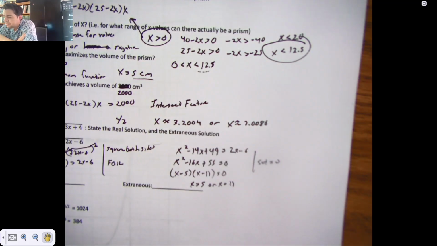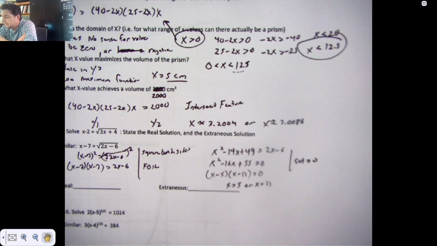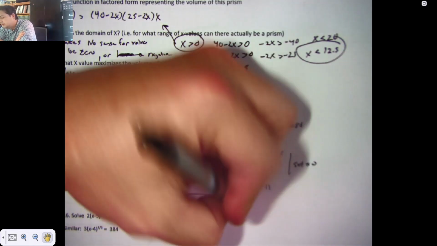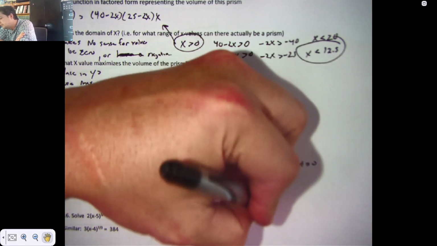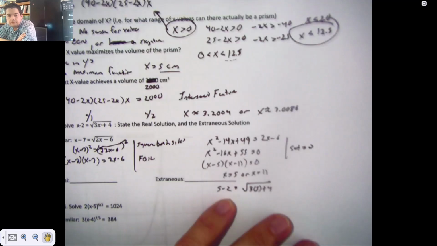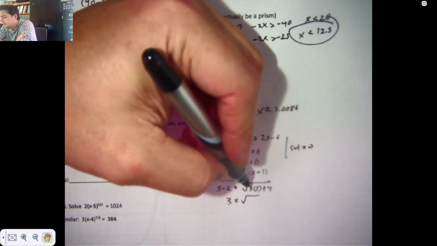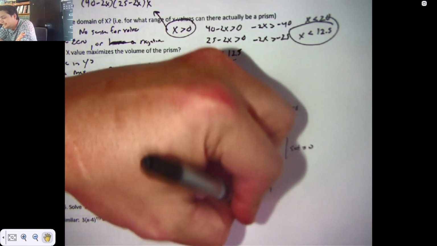So I'm going to see if these things work. I'm going to plug the 5 in on both sides, and you can use a calculator to do this. 5 minus 2 ought to equal the square root of 3 5s plus a 4. All right, so 5 minus 2 is 3, and this generates a radical which has a 19 in it.